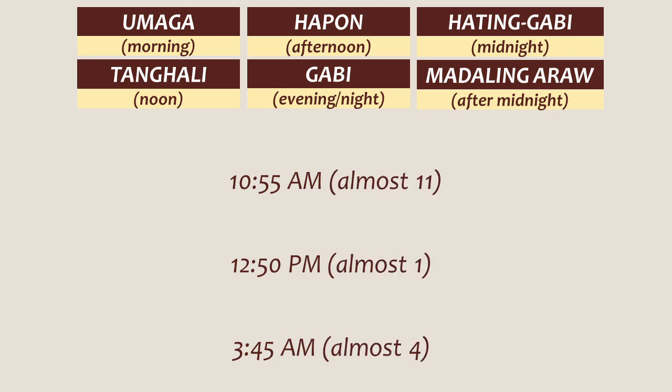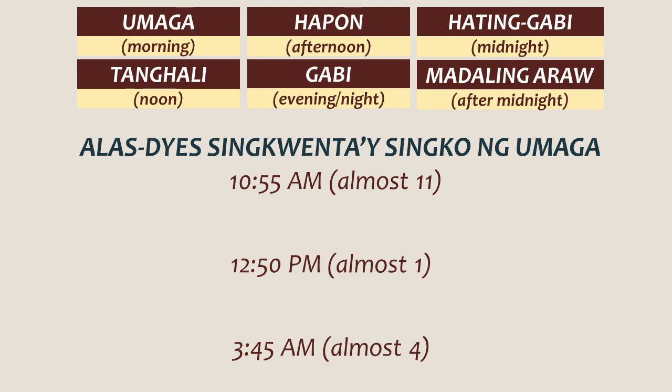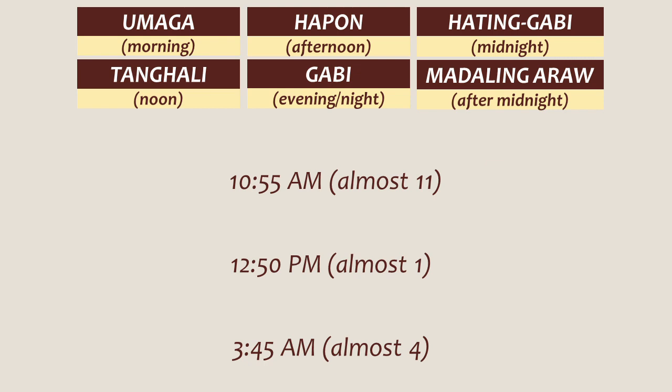Now for the following examples, all of these are almost the next hour, correct? Although it is not wrong to say alas diyes singkwenta y singko ng umaga for the first example, for us, it is more common to hear mag-aalas onse. That is translated as almost 11, because 10:55 a.m. is almost 11, correct? So if someone asks you, anong oras na?